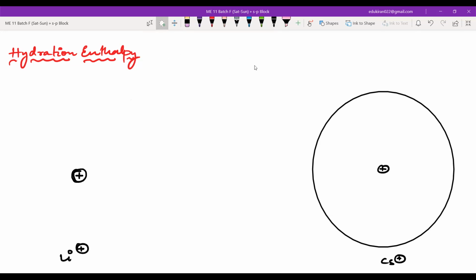So I can obviously say now, since water can approach till here, very near, water is very near to the positive charge if it is interacting with lithium, correct? Now, when water wants to interact with the cesium ion, it will be only around the atom.